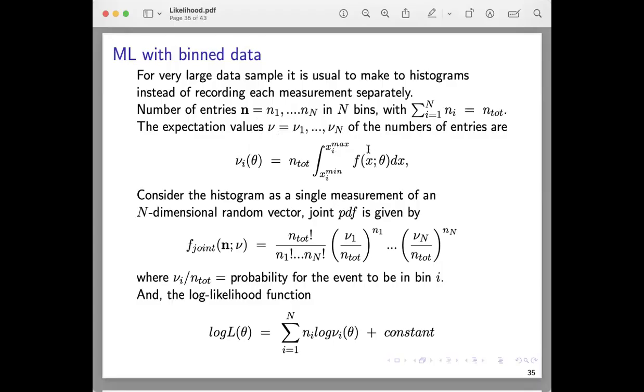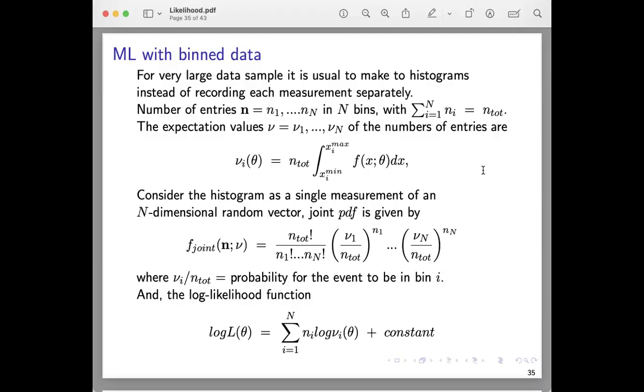Sir, can I have a confusion here. If I understand correctly, this expectation value mu i is actually the probability that a particular bin i will receive an entry? Is it like that?